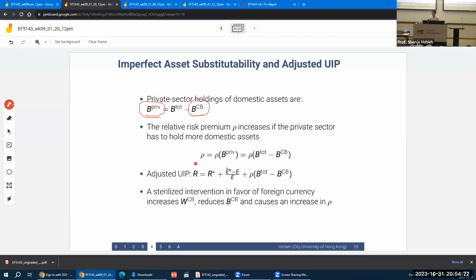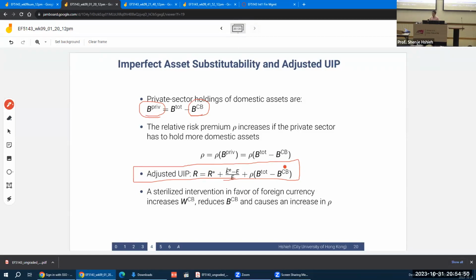Therefore, the adjusted UIP equation that we'll be working with in situations in which two countries have different relative risk premia looks like the following: R equals R star plus expected depreciation of the domestic currency plus rho, which is a function of total domestic bond issuance minus total domestic bond holdings of the central bank.